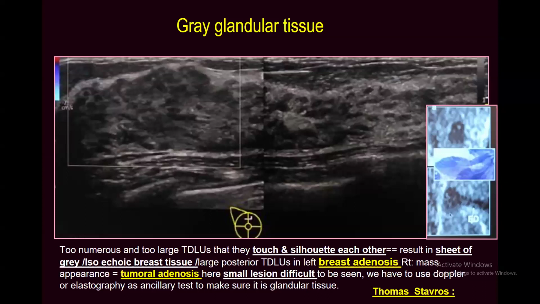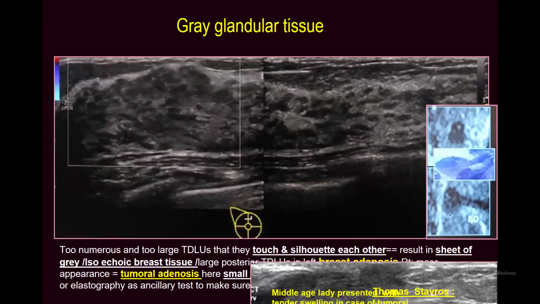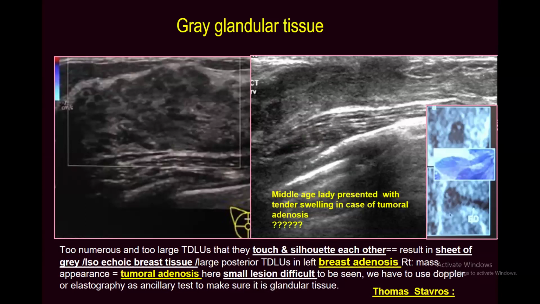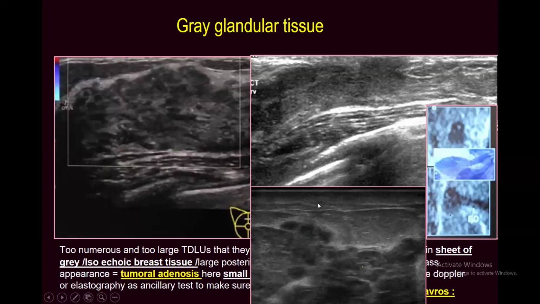But we have to be cautious. It does not always present like that. This is another example. These are my patients. This is another patient of mine. You see, presented with a tumor mass, and it was adenosis, also tumoral adenosis.